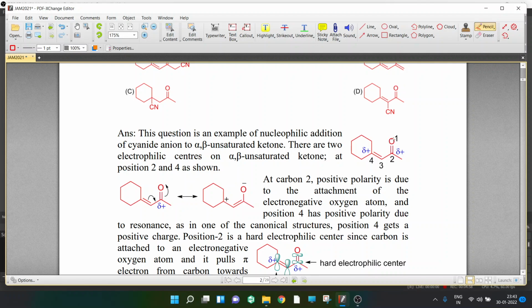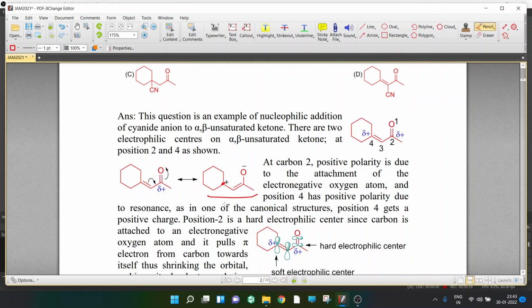Oxygen is electronegative. It pulls the electrons towards itself, and therefore oxygen has more electrons, negative polarity. Carbon has slightly fewer electrons, so it has positive polarity. Another way is, you can see the resonance here. This is one of the canonical structures, and it will be a minor contributor, but to a certain extent it does contribute, and therefore there is a positive polarity on position number 4.